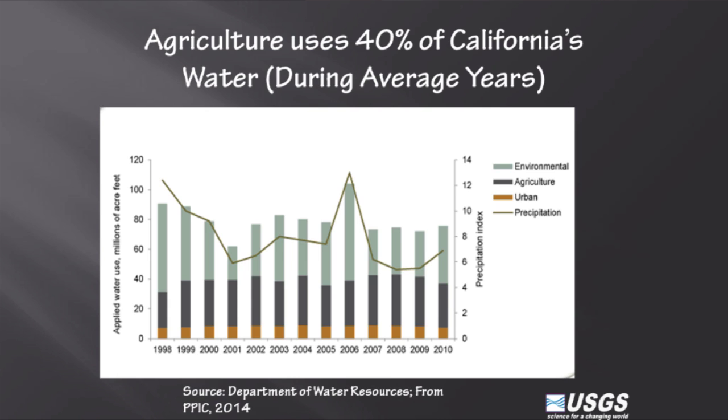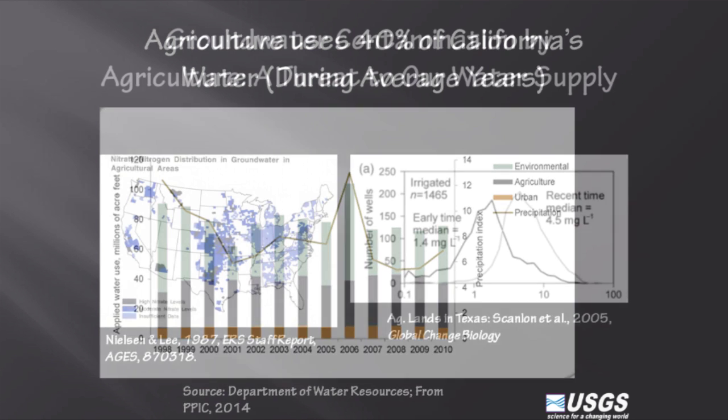The first is environmental, which is the greatest use, like our forests and wetlands and estuaries, all the natural uses of water, which fluctuates the greatest, of course. Then there's the agricultural sector, which is the second greatest user of water, and on average it uses 40% of the total water supply in California. And of course, during drought years, that percentage is greater. So it's no wonder that there's a lot of controversy over the distribution of water supplies in California.